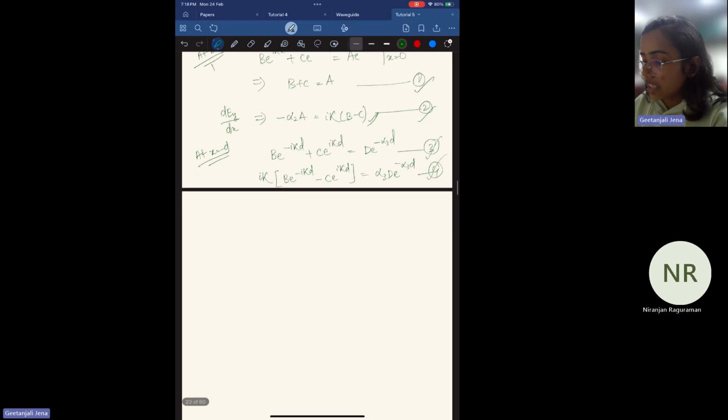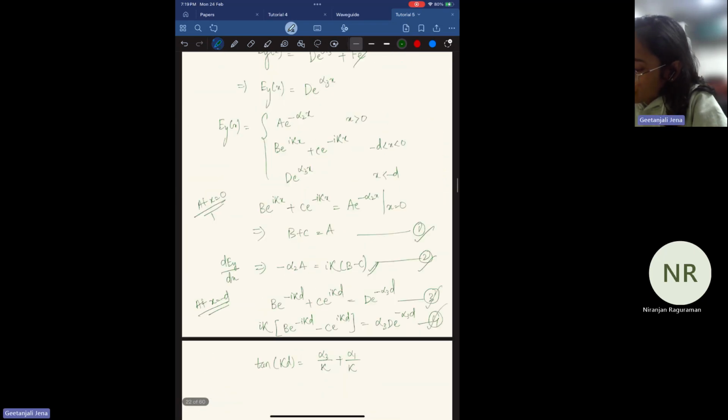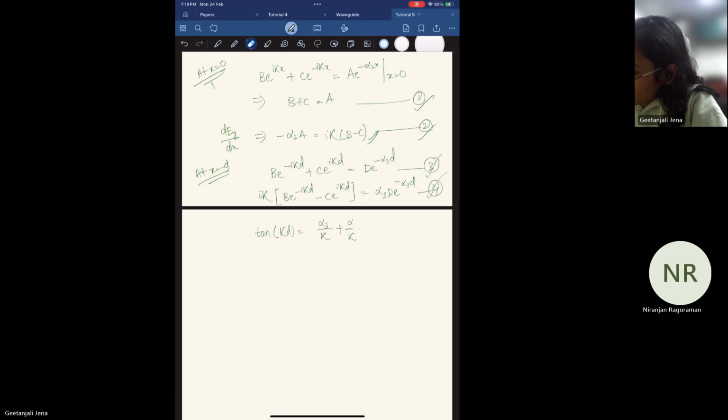If you do it, you will get the transcendental equation: tan kappa d equal to alpha 3 by kappa plus alpha 2 by kappa, and the whole divided by 1 minus alpha 3 alpha 2 by kappa square.